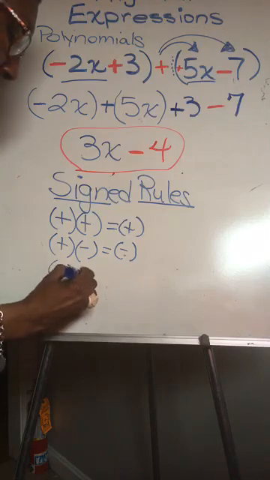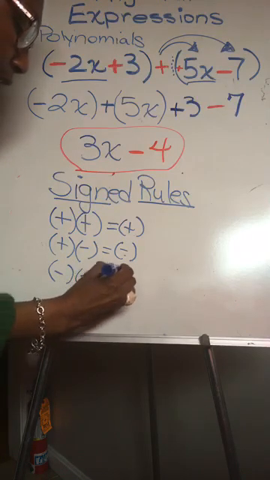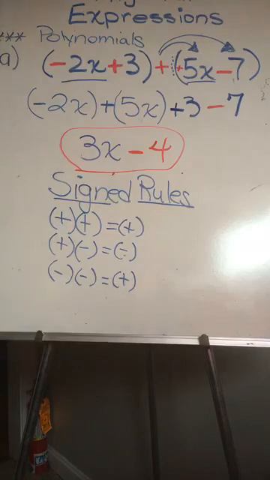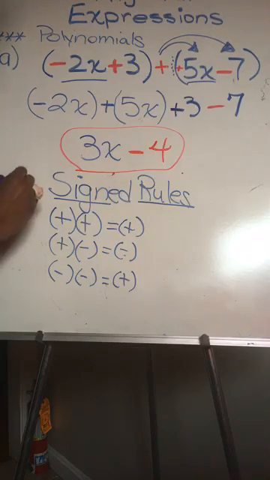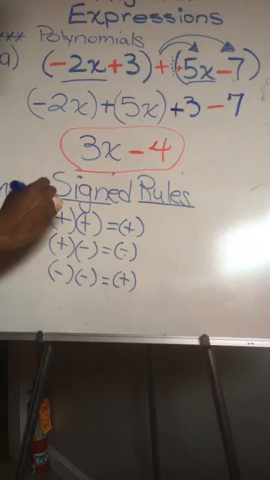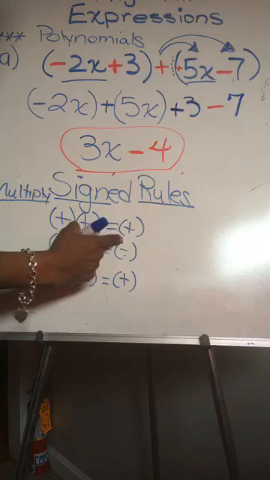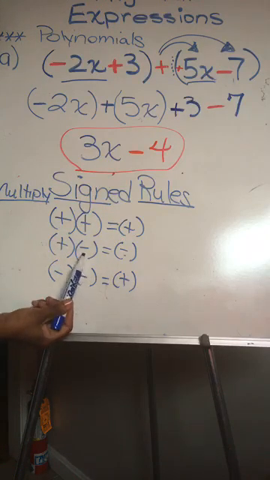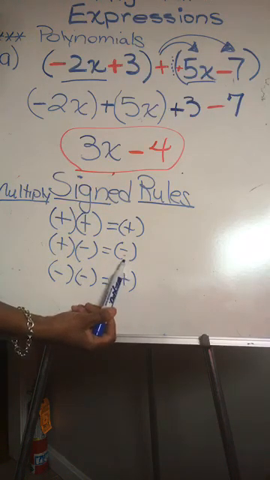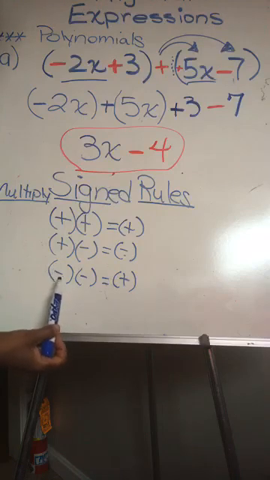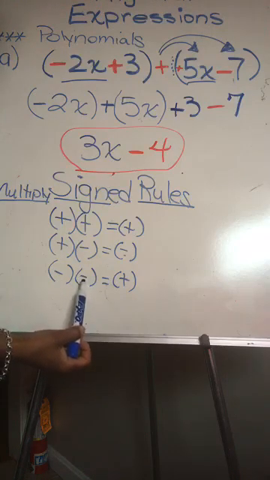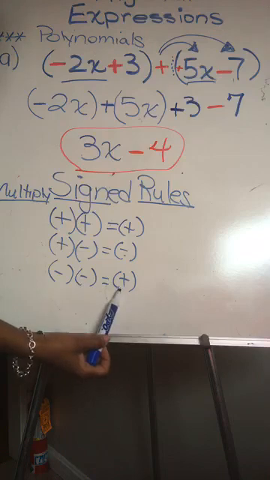A negative times a negative gives you a positive number. So let's review this again. This is for multiplication. A positive times a positive gives you a positive. A positive times a negative gives you a negative, or vice versa. And then a negative times a negative gives you a positive.